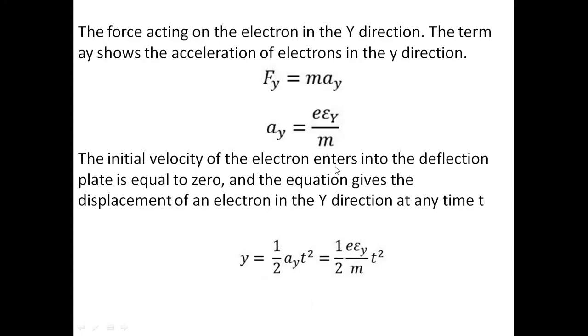The initial velocity of the electron entering the deflection plates is equal to 0, and there is a displacement of the electron in the y direction. So y is equal to half of a t square. Substituting ay in this equation, we get half of e epsilon y by m into t square, where t is the time.